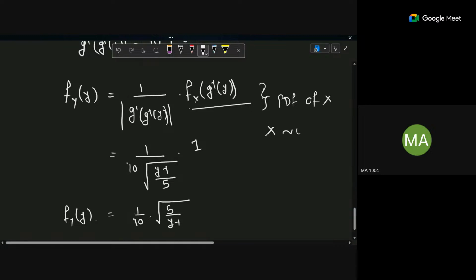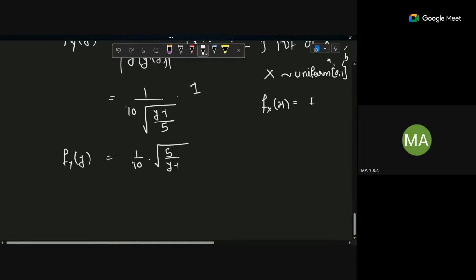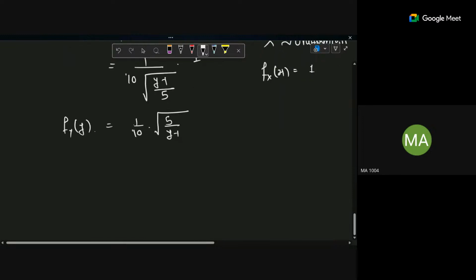X is following a uniform distribution over the interval 0 to 1. Then what is its PDF? 1 upon b minus a, right? Here your a is 0 and b is 1, so it is nothing but 1. Got it. So this is what your PDF is.